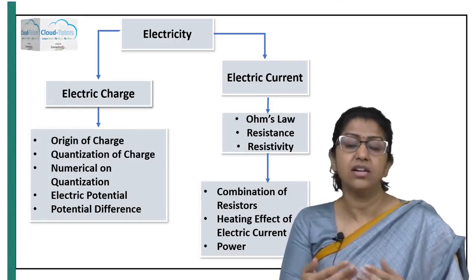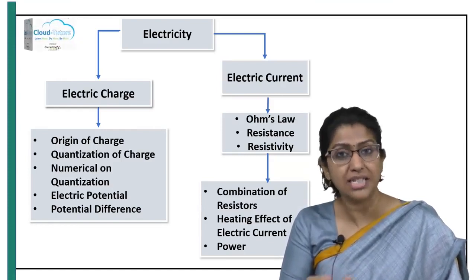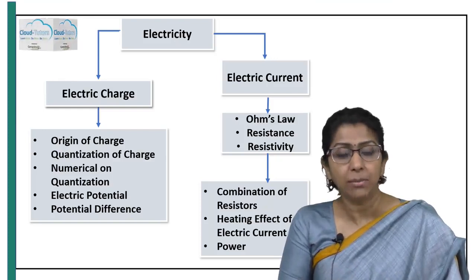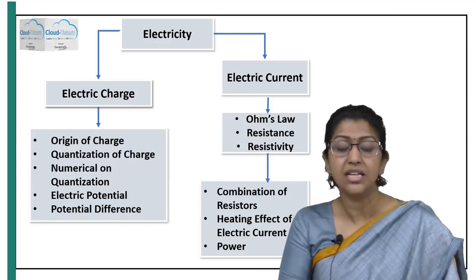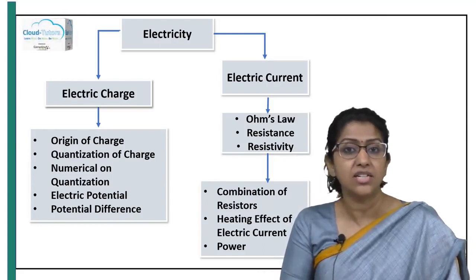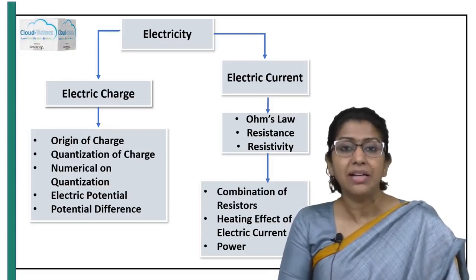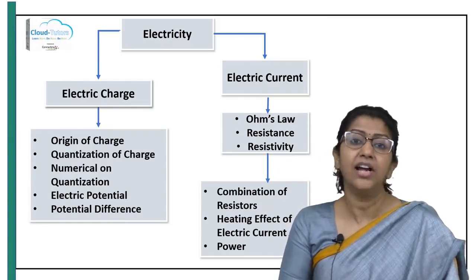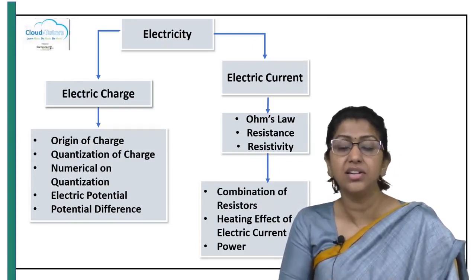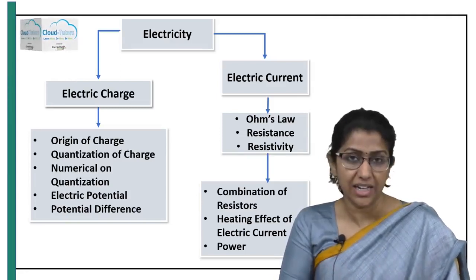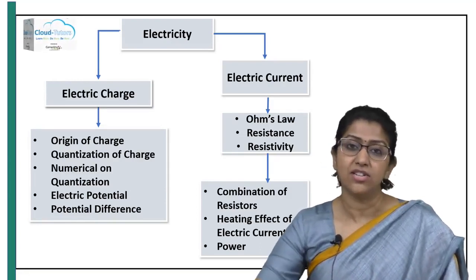Once you learn about electric current and how it works, we will be looking at a few other topics related to electric current: voltage, electric potential or potential difference, resistors, different combinations of resistors that are used in different kinds of circuits, and finally we will be learning about the heating effect of electric current and also about electric power and how electric power is related to the electricity that we use in our daily lives. Alright, so without further ado, let's get started with today's session.